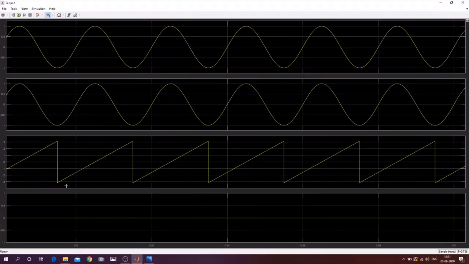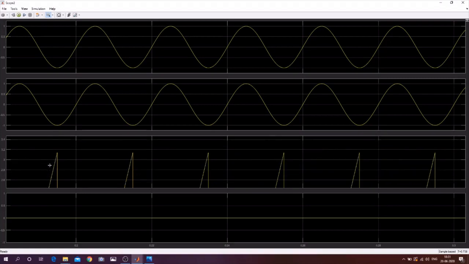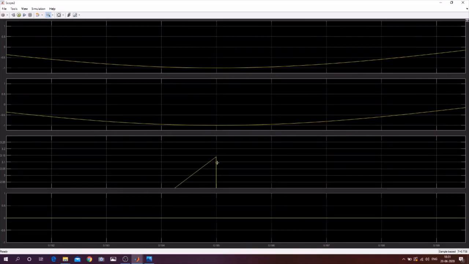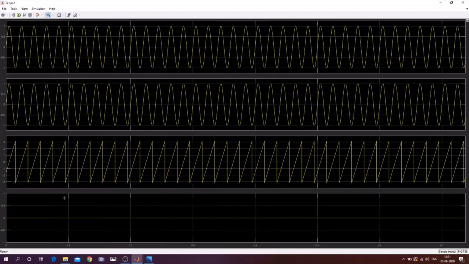As you can see, the value of angle goes from minus 3.14 to plus 3.14, that is 2 pi. You can check it over here that this is 3, this is 3.2, so this is nearly 3.14, and in the negative half also it is going to 3.14. So it is going from minus pi to plus pi, that is 2 pi.